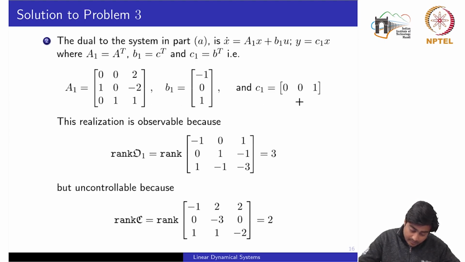So these are the matrices which we have obtained. Now if we compute the rank of the observability matrix, it shows that this realization is observable, but again it is not controllable. And this is what implicitly the concept of duality says.